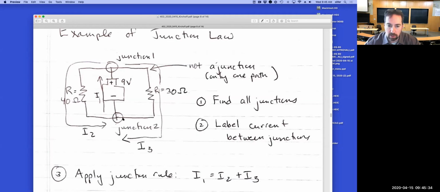It can split into this branch and this branch, but when it joins back up again, you better not have gained any current, you better not have lost any current in that process. So we have I1 is equal to I2 plus I3.